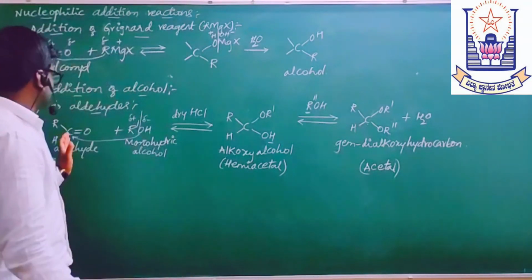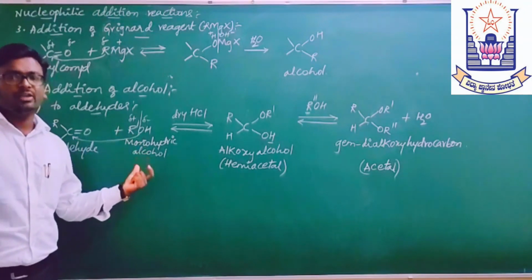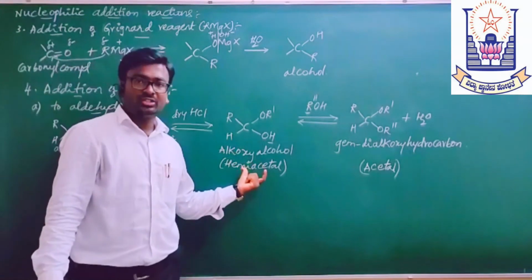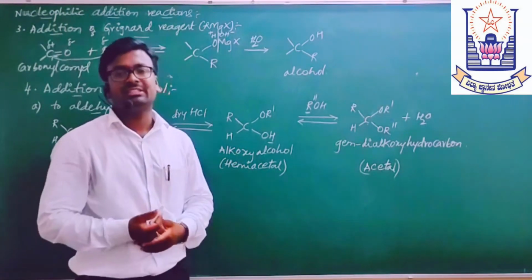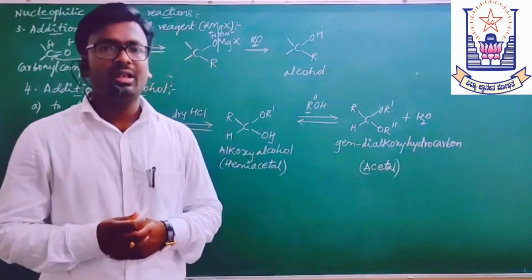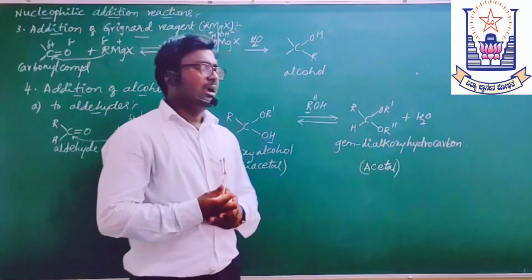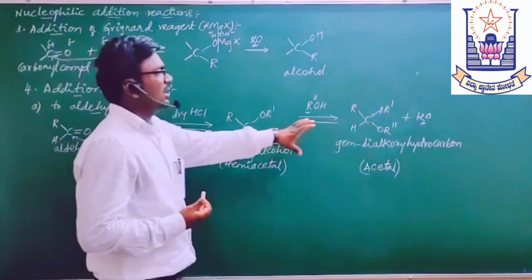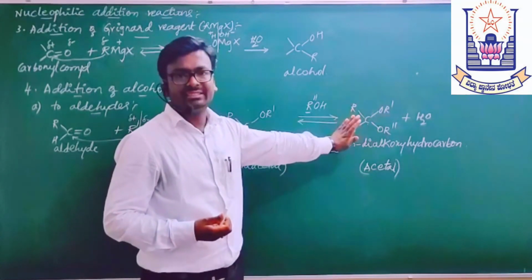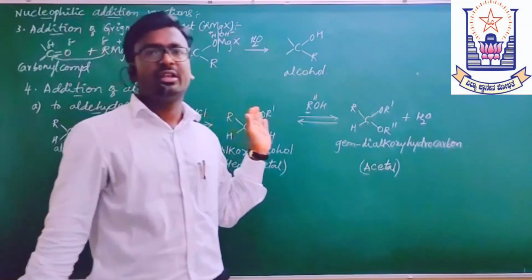Okay. Now, when aldehydes are treated with monohydric alcohols in the presence of dry HCl, you will get alkoxy alcohol. This is called hemiacetal. This further reacts with the monohydric alcohol to give acetal. And when this compound, that is acetal, is treated with dilute acid, it gives back the original compound.